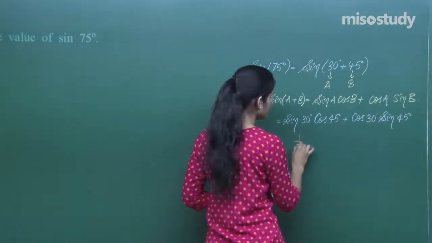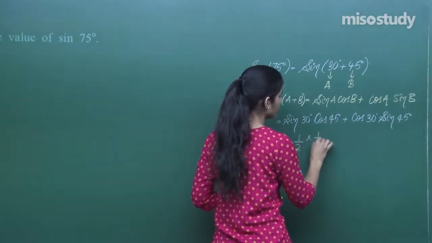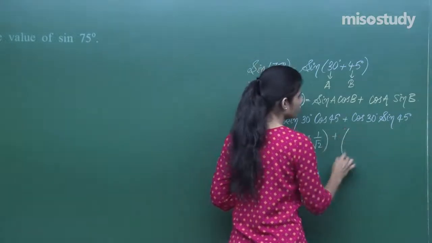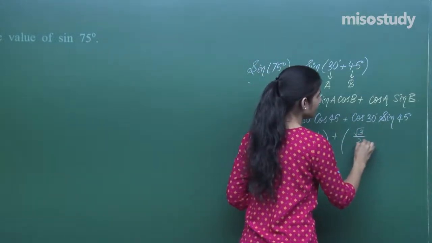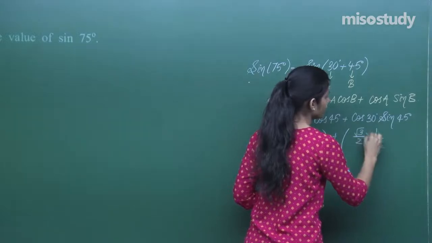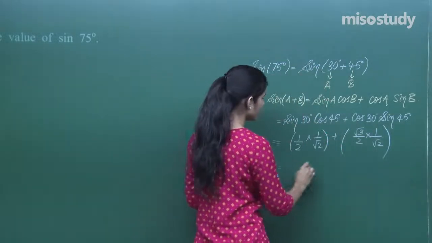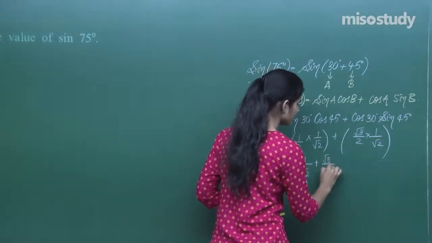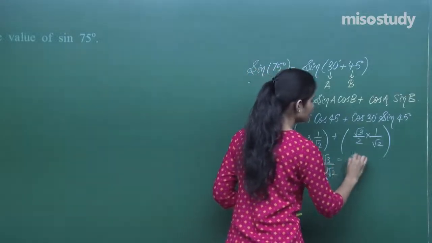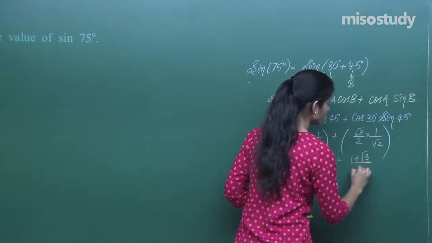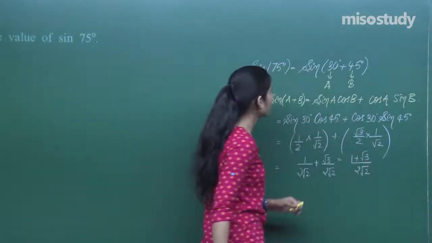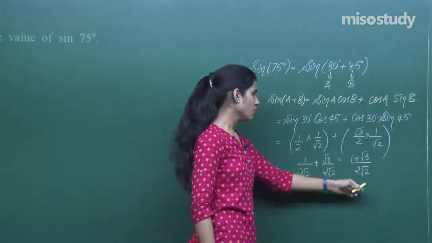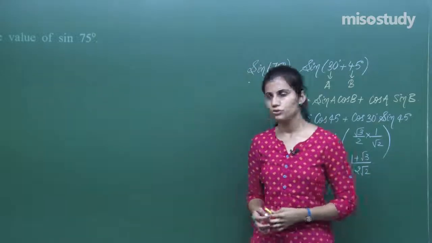Sine 30 is 1 by 2, cos 45 is 1 by root 2. Cos 30 is root 3 by 2, sine 45 is 1 by root 2. So you get 1 by 2 root 2 plus root 3 by 2 root 2. LCM is 2 root 2. Your answer is 1 plus root 3 by 2 root 2. So your answer of sine 75 is 1 plus root 3 by 2 root 2.